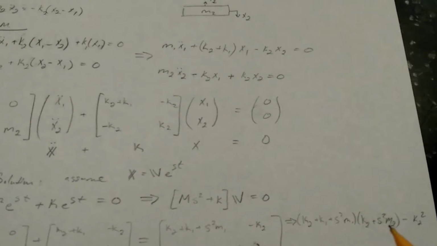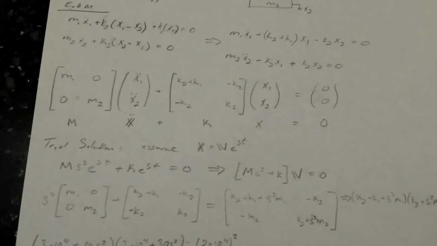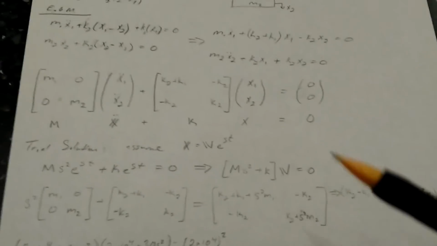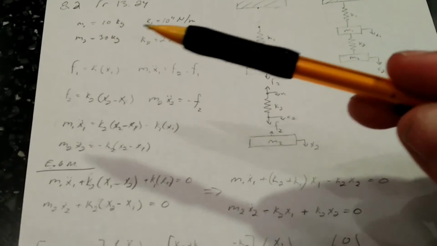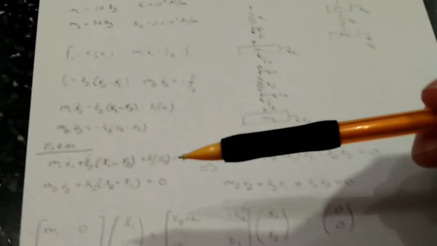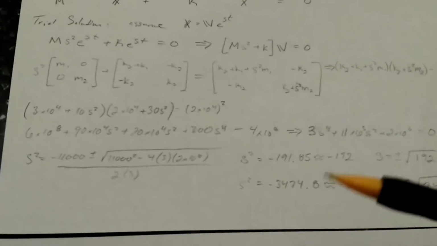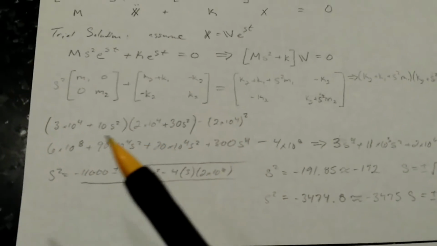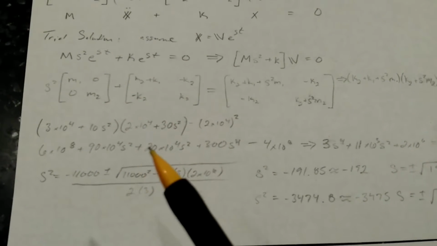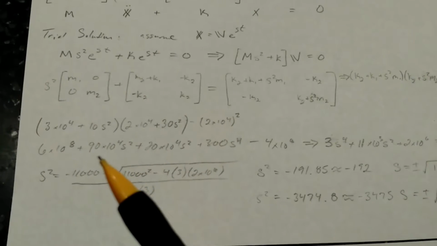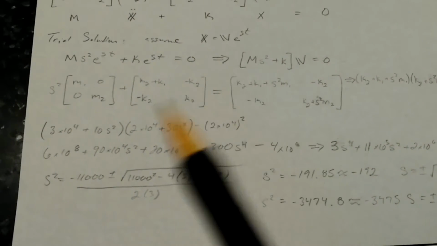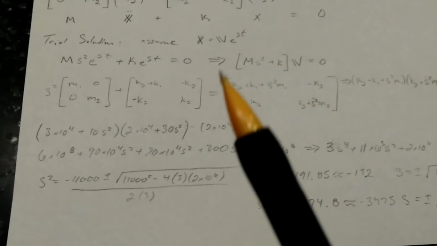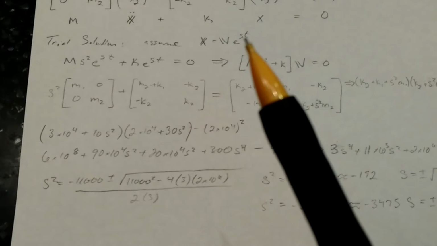We gain that expression that way. And then as we take our terms that we were initially given, the m1 and 2, k1 and 2, and plug them into that equation, we are able to solve for the s squared that was brought into this expression here to help us solve for that s.